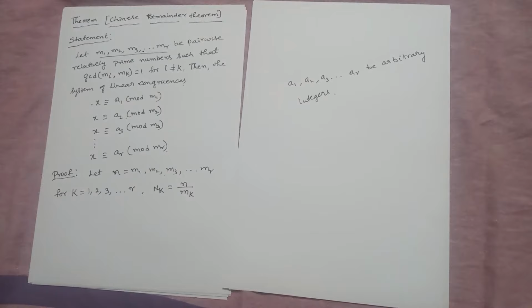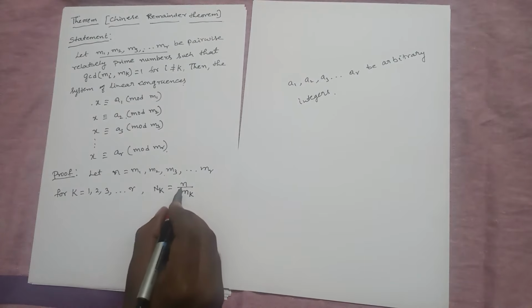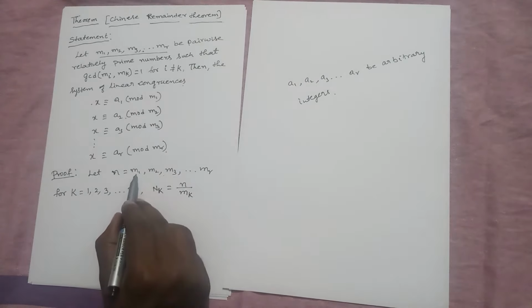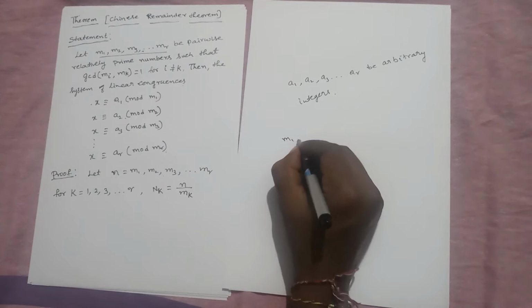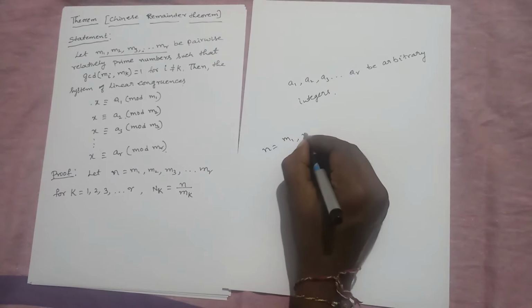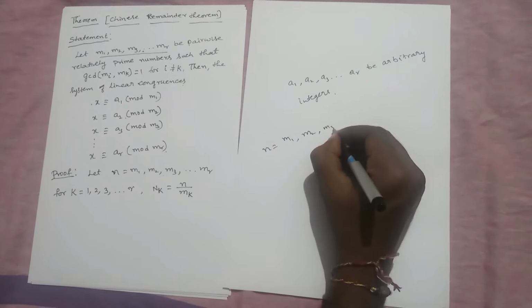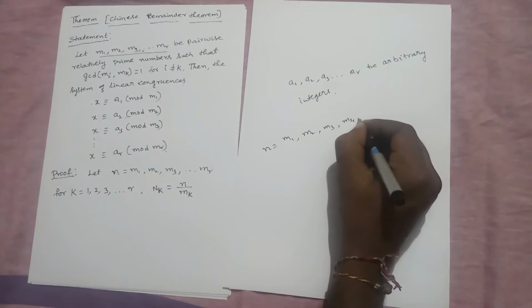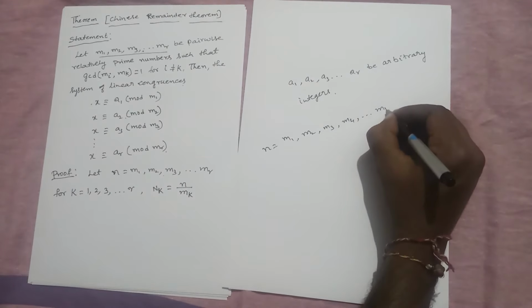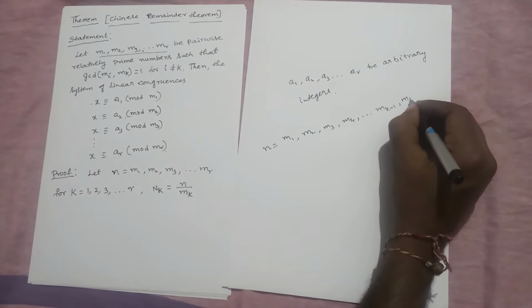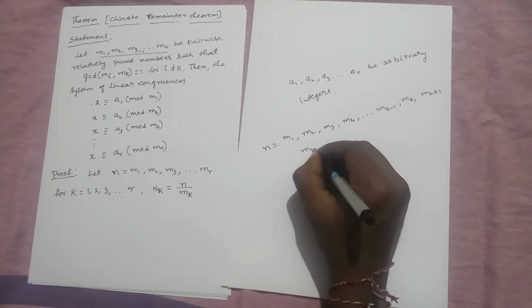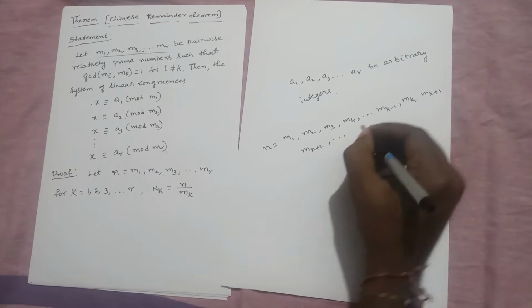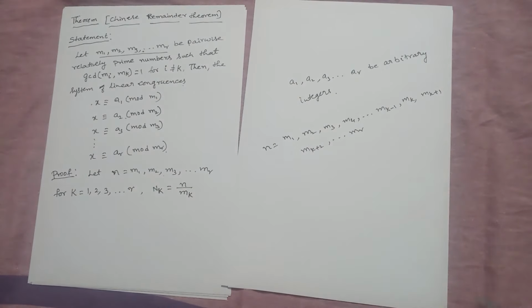So n divided by mk. What is n? n is m1 m2 m3 m4 and so on, with mk minus 1, mk plus 1, mk plus 2, and so on up to mr. So this is your n.